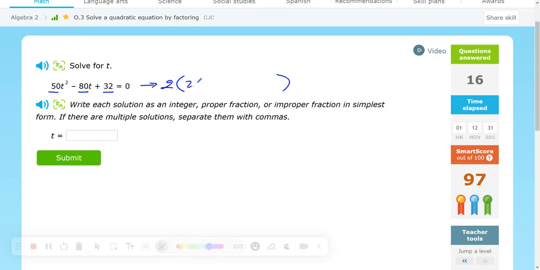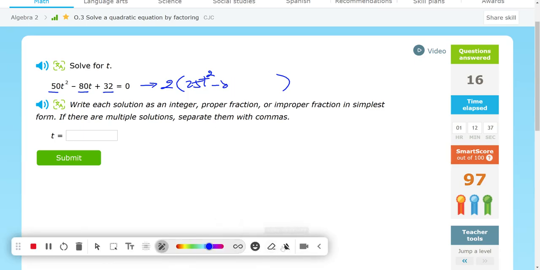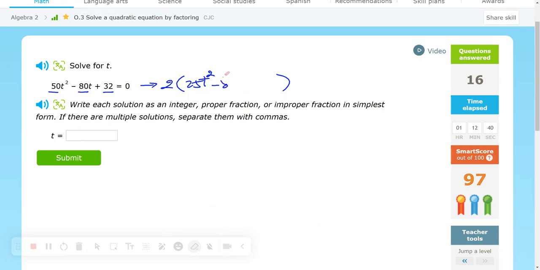Now I got 25t square subtract, simplify by 2, so I come out at negative 40, not a big deal, and then plus 16. Now I can drop number 2. So I got 25t squared, subtract 40t plus 16 equals 0.